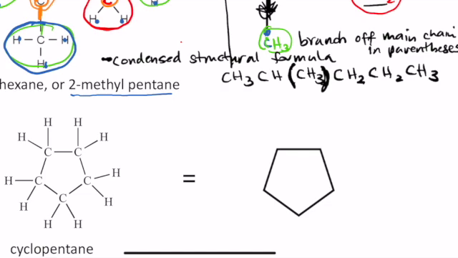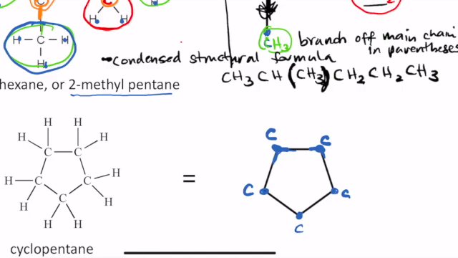What this is where 2 lines meet means this is a carbon. So where 2 lines meet represents a carbon. So each of these vertexes or vertices is a carbon. And when each of these carbons has 2 lines coming out of it, that means that there have to be 2 more bonds going to hydrogens that are not shown on the line angle drawing.